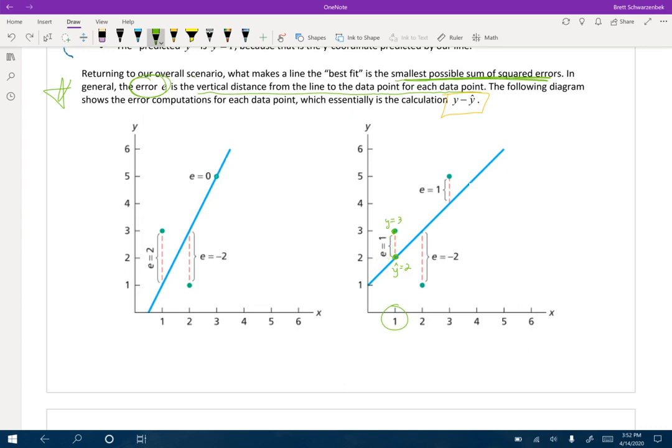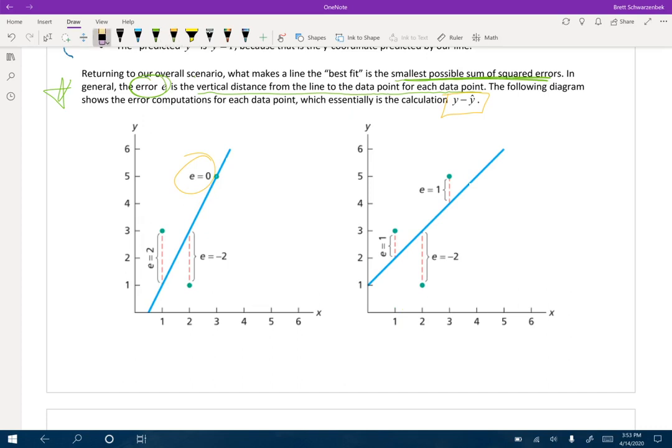You can see that hopefully what you're kind of understanding or seeing from this is if the point is above the line, then the error is positive. If the point is below the line, then the error is negative. And if the point is on the line, then we're going to clearly get an error of 0.